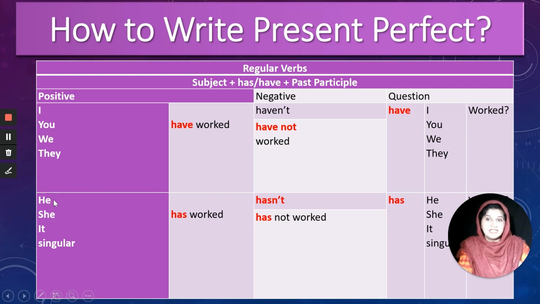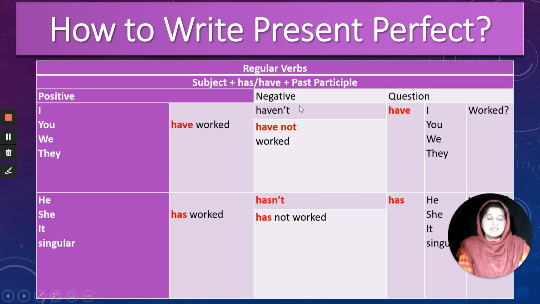You can see he is your subject, has is your helping verb, and worked is the past participle or main verb, third form of the verb. So this is the structure of the positive sentences. Ali has worked, right?